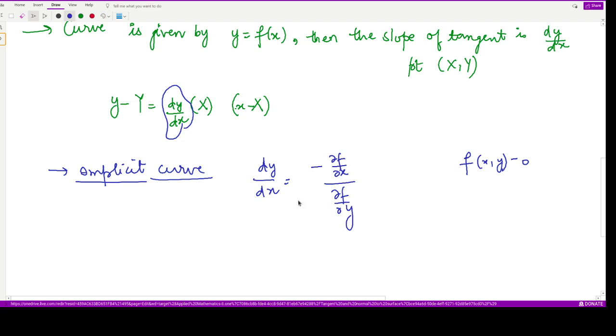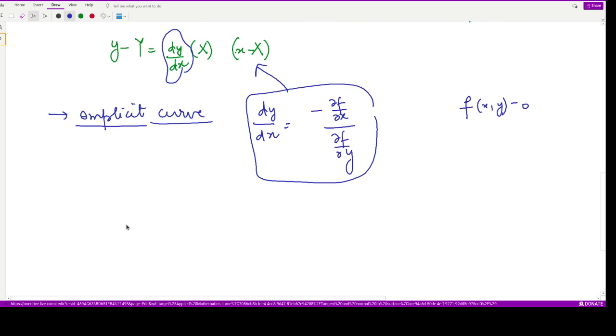So if I use this value in this particular equation, what do I get? y minus capital Y is equal to minus del f by del x divided by del f by del y multiplied by x minus capital X.